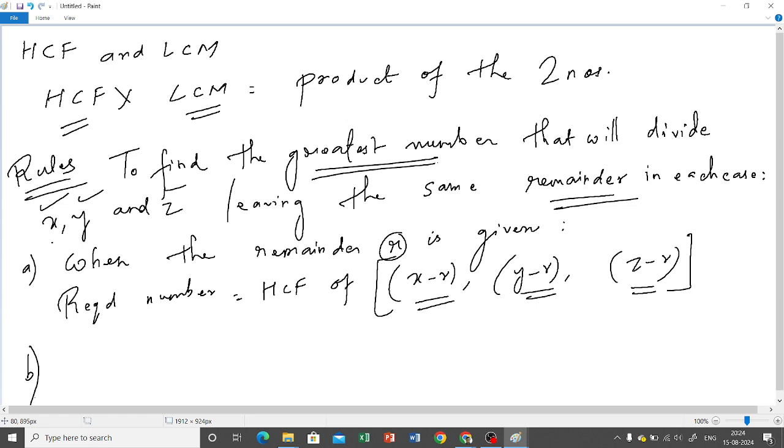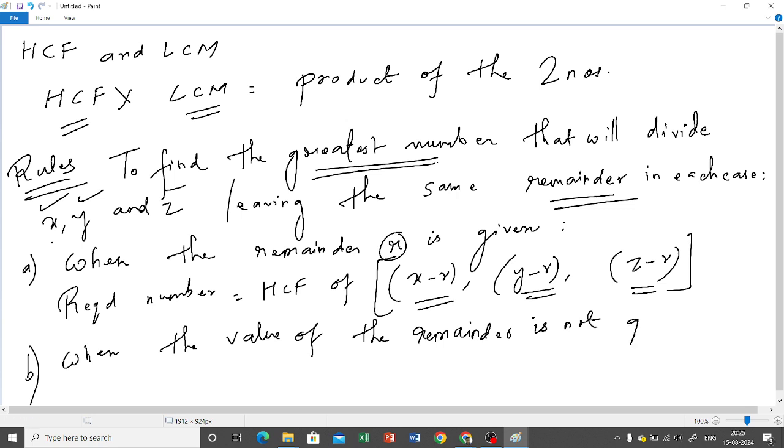Now, when the value of the remainder is not given, only that the remainder is the same, but the value of the remainder is not given, okay. So part B is: when the value of the remainder is not given, at that time what is the required number?